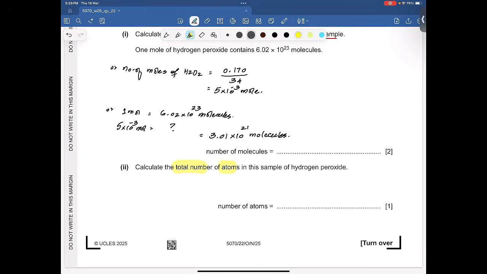Calculate the total number of atoms in this sample of hydrogen peroxide. Okay. So we know the moles of H2O2. Guys, in H2O2, we have 2 hydrogen atoms and 2 oxygen atoms. So this must have 1 mole, and in total it has 4 moles of atoms.